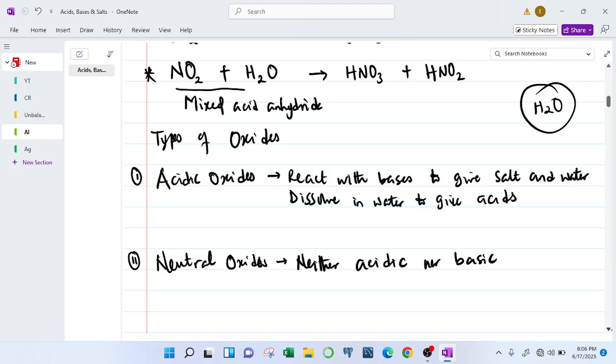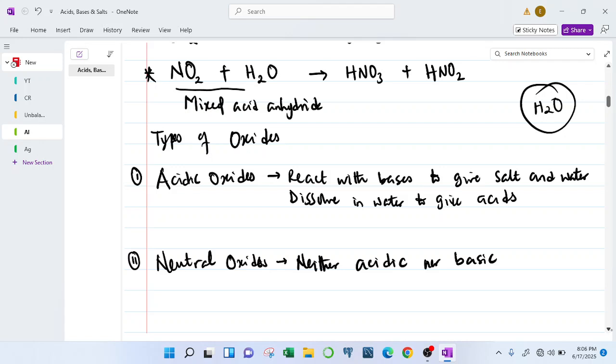If it was acidic, it would react with base to give salt and water. If it was basic, it would react with acid to give salt and water. But it is neutral. It is not acidic, it is not a base. So therefore, it does not react with acids or with bases. If it was an acid, it would turn blue litmus red. If it was a base, it would turn red litmus blue. But it is neutral, so it does not have any effect on litmus. So that is the idea.